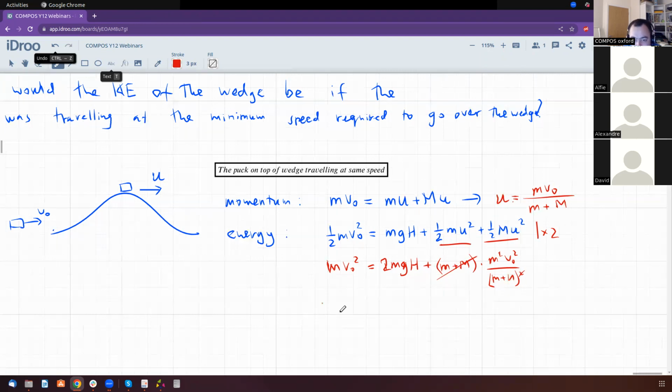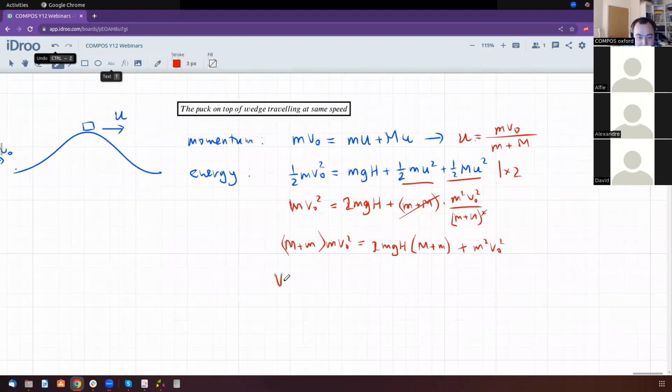So yes, (m plus M) m v0 squared is equal to 2mgh (m plus M) plus m squared v0 squared, and v0 squared is equal to... (m plus M) m v0 squared minus m squared v0 squared. Okay, that's better.